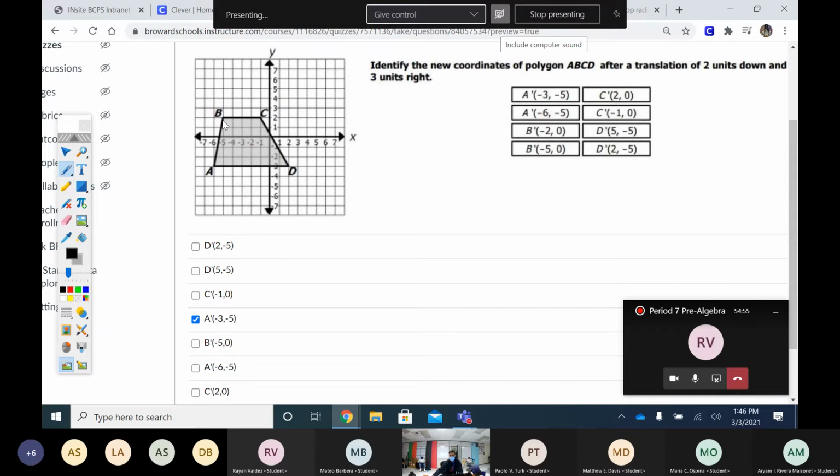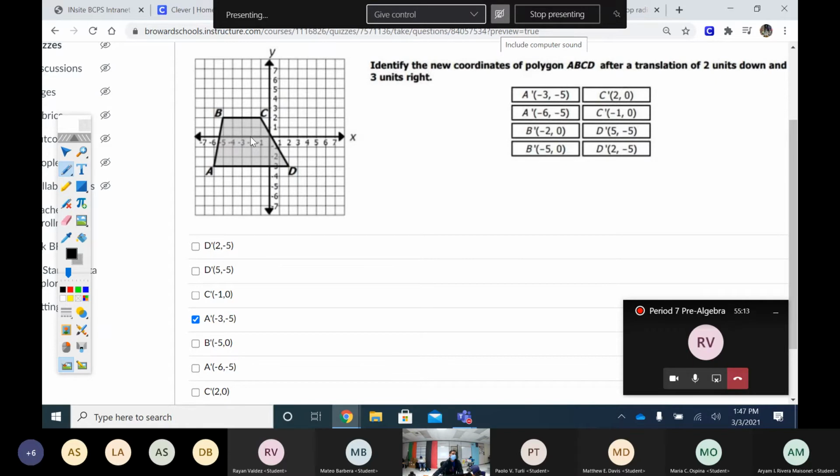Okay, let's go to letter B. 2 down. 1, 2. 1, 2, 3. It's not negative 1. Take your time, I'm counting. Wait. It's negative 2.